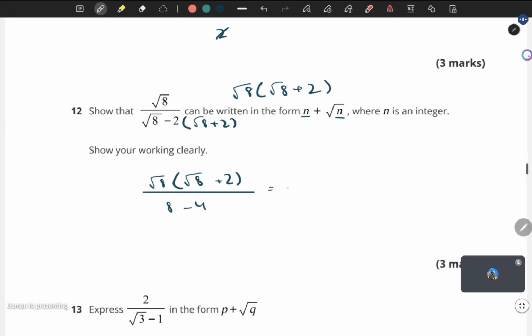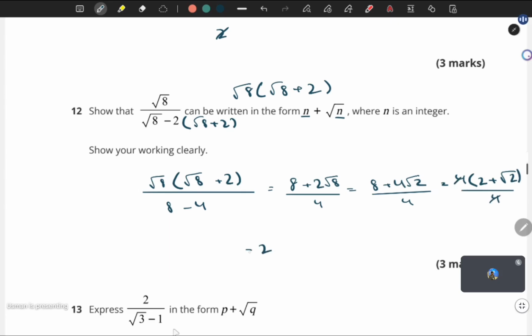And this should become 8 plus 2 root 8 over 4. And then this should become 8 plus 4 root 2 over 4. And this should become 2 plus 2 root 2. Or do you want me to write this as well? Let's say 2 times 2 plus root 2, divided by 4. These two get cancelled. And your final answer is 2 plus root 2.